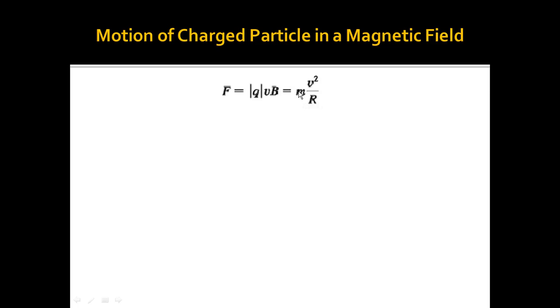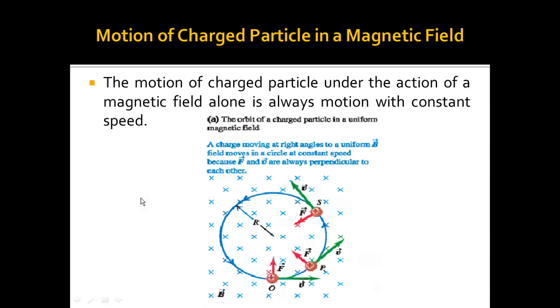Now, remember in your Physics 1 that an object that is moving along a circle, of course, follows the rules of circular motion. Just like what was discussed to you during your Physics 1, in order for an object to move along a circle, there should be what we call a centripetal force, which causes it to move along the circle and is directed towards the center of the circle.